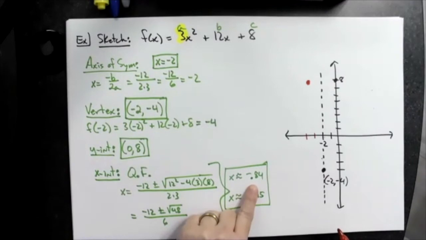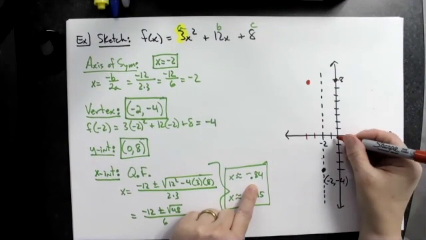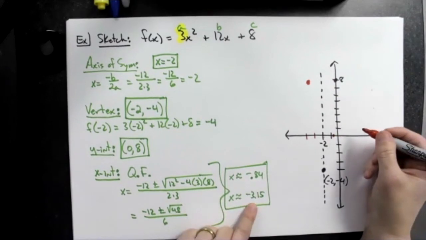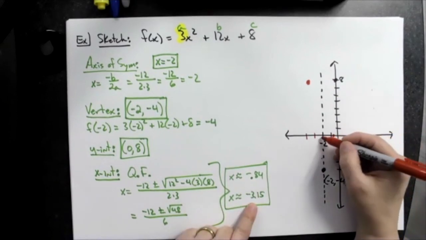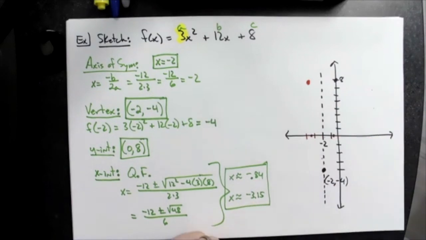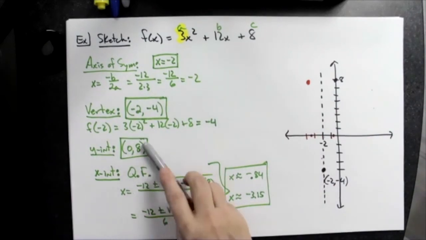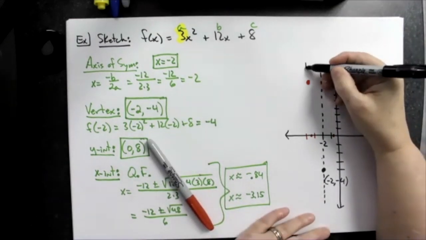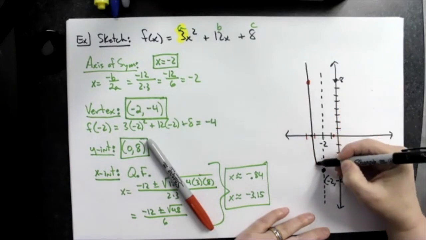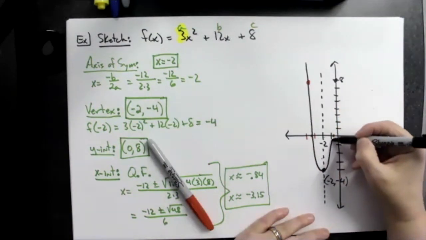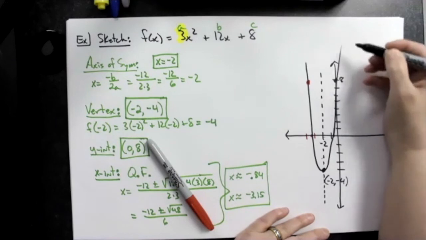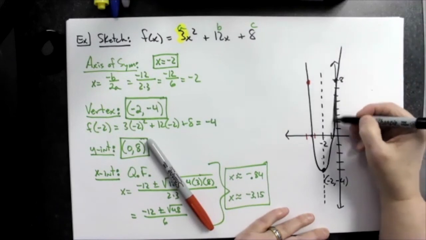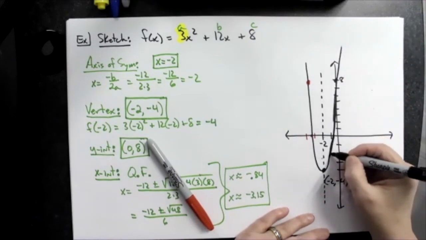Okay, if I wanted to estimate these, -0.84 is going to be roughly right about in there, and -3.15 roughly right in there. Okay, so you can then connect those, and hopefully, if you're on graph paper, it's going to look a little bit better. I'm going to definitely try to make this look round down here because I know it's a parabola. Okay, so again, hand sketching, not wonderful there.